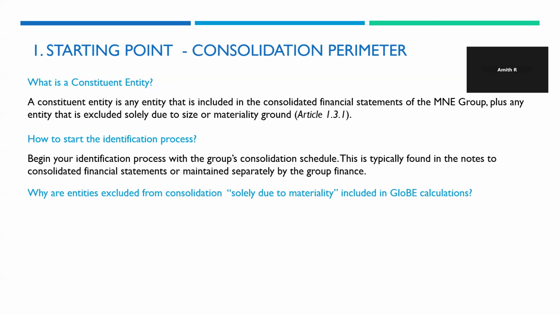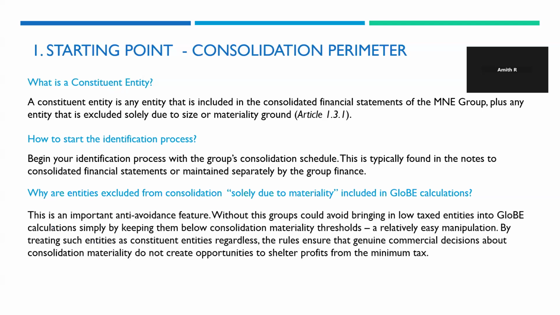Now you tell me, when IFRS excludes certain entities solely due to materiality concerns, why are those included in GloBE calculations? When IFRS itself says some entities, even though they have more than 51% control or ownership, are still excluded on materiality grounds, GloBE rules actually include them.